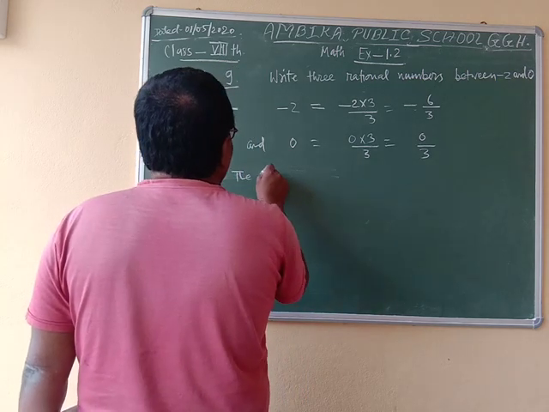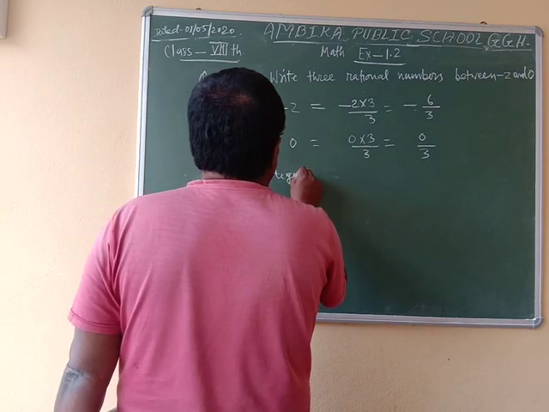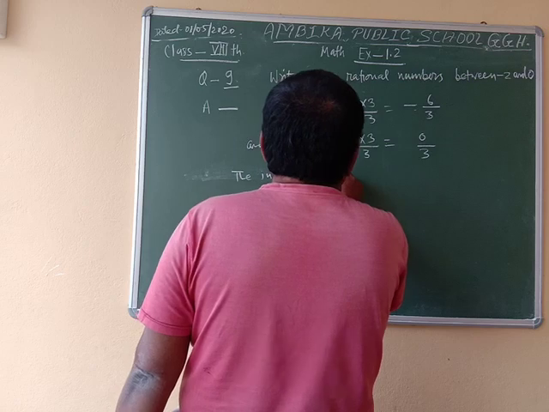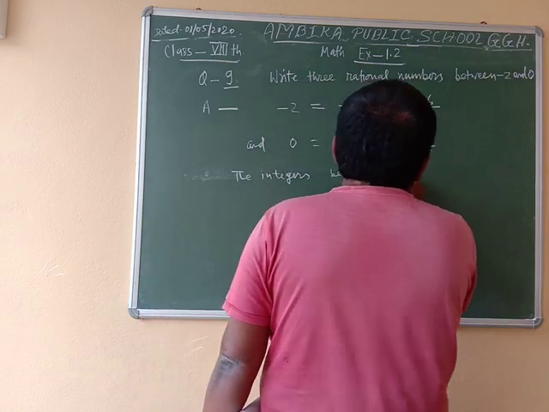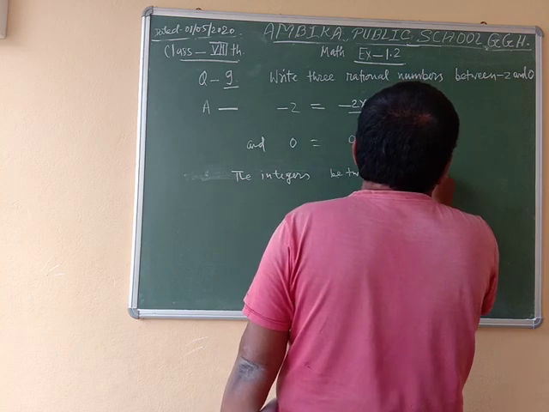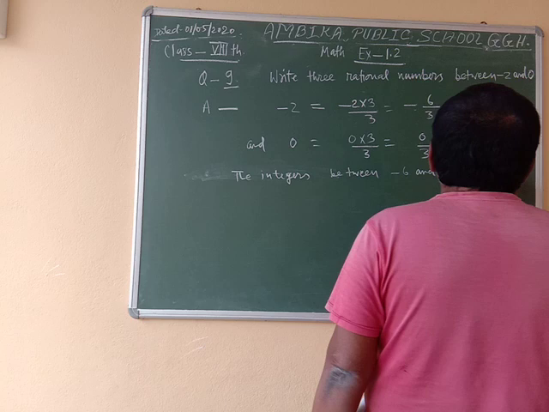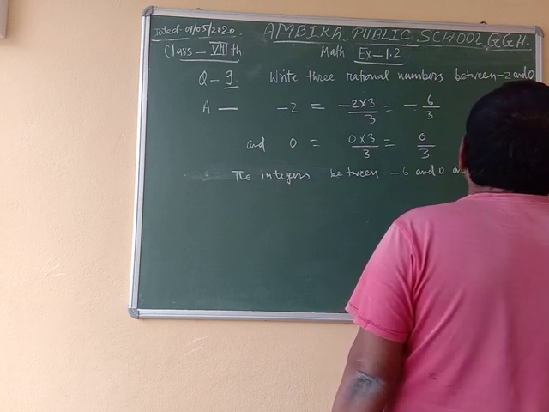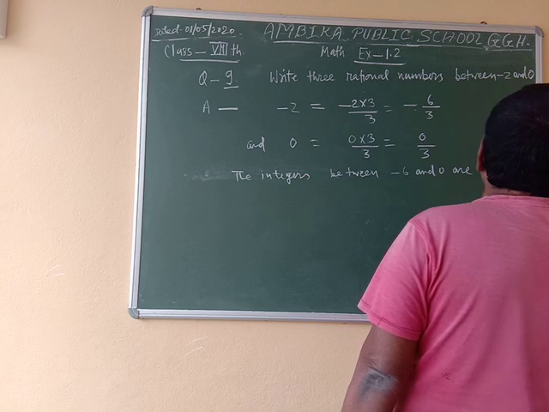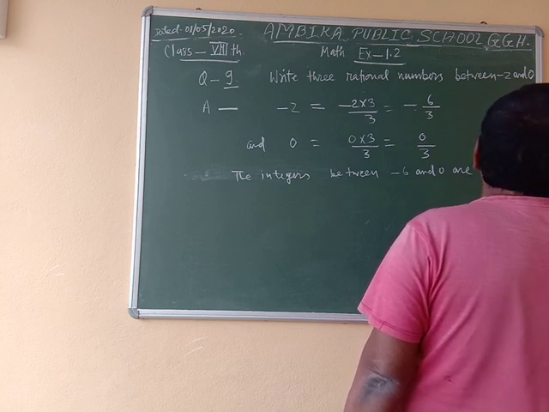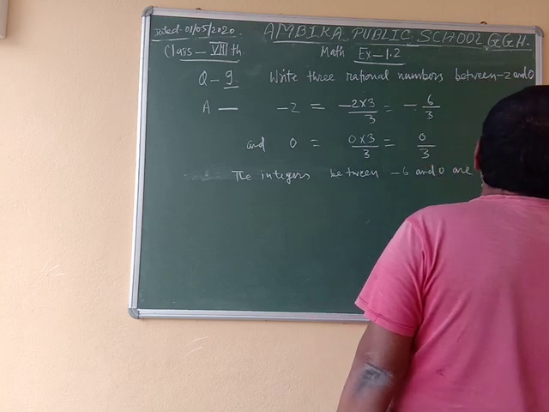The integers between -6 and 0 are -5, -4, -3, -2 and -1.